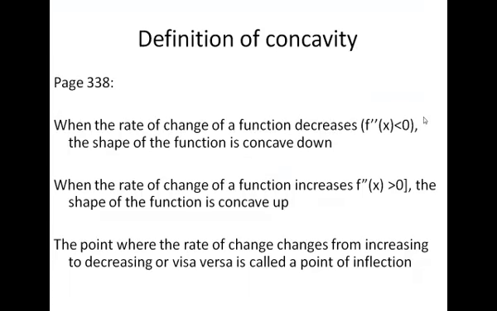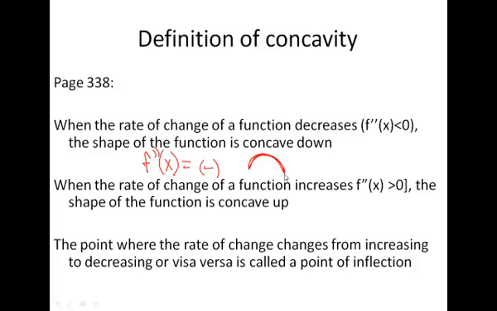What we're really looking for is now the second derivative. If that's negative, that tells us that the rate of change of our function is decreasing. Basically what I want you to know is this. If f double prime of x is negative, then what we have is concave down. It's something that's in the concave down form in the original function.